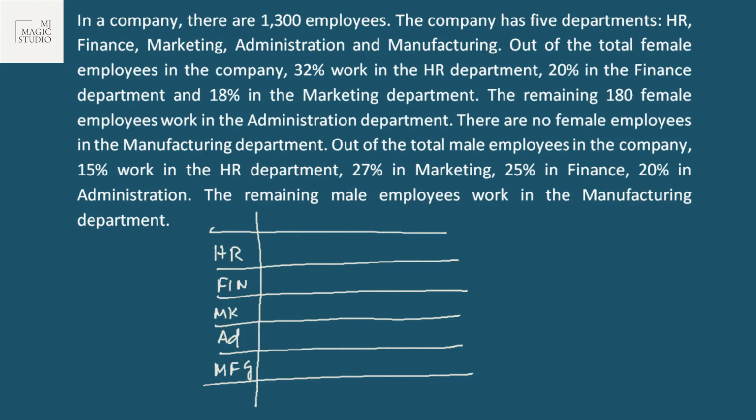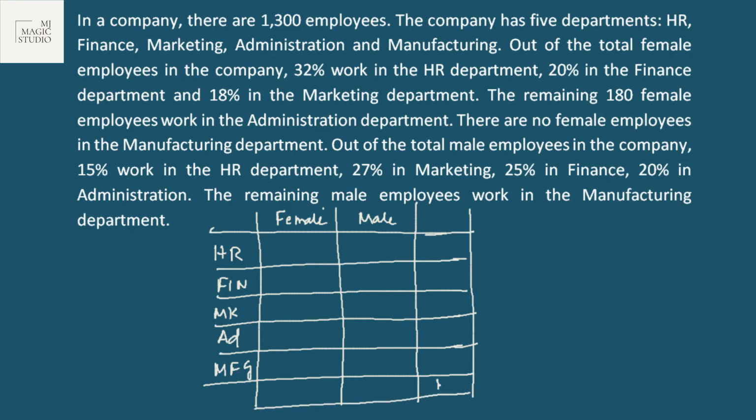Out of the total, we must be having female and male. Let me write this as female and male. Total is 1300 given. Total of male, female.